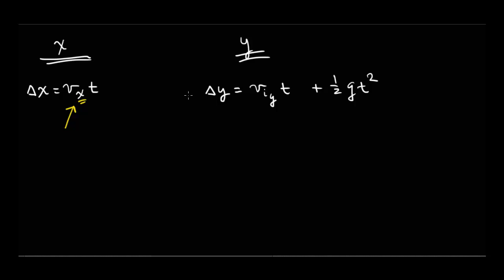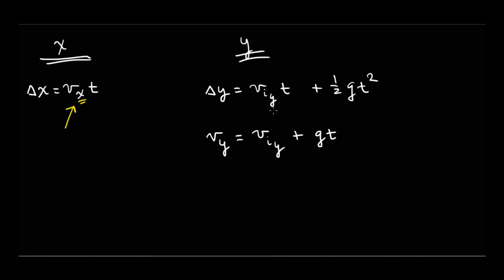Okay, and this is our old displacement with acceleration equation. I could also, by the way, if I wanted to know the y velocity at any time t, I could say velocity in the y direction is the initial y velocity plus g t.